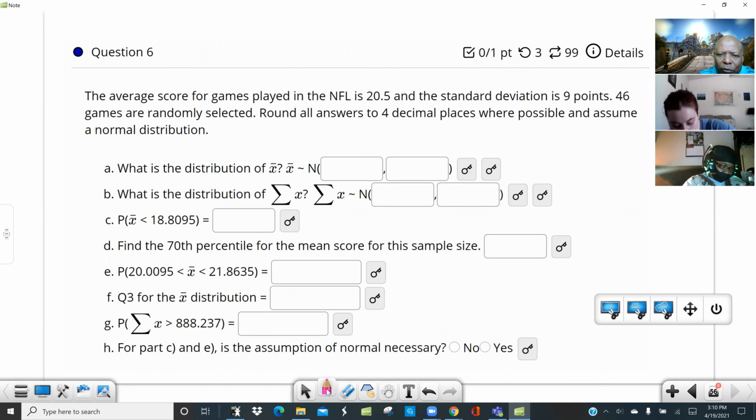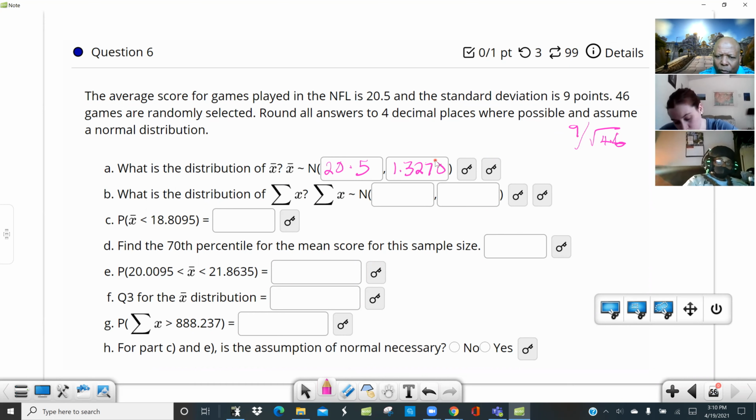Well, the mean is 20.5, but the standard deviation is going to be 9 over root 46, which is 1.3270.